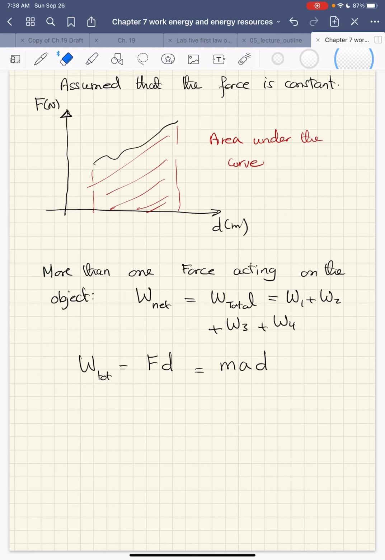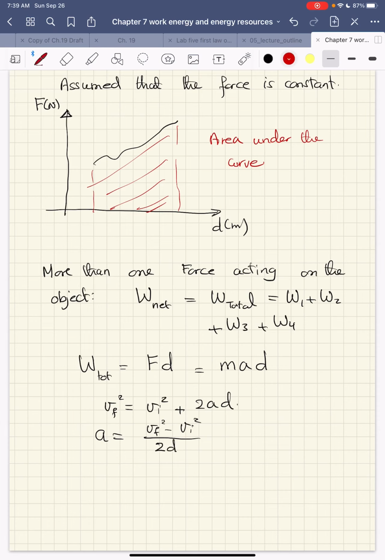I have the equation that V final squared equals V initial squared plus 2AD. From that I can say that A is V final squared minus V initial squared divided by 2D.